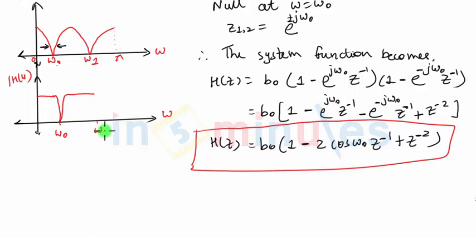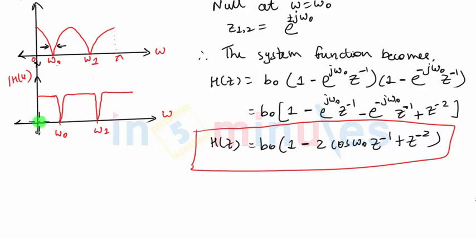And if you want one more null at omega 1, it goes down at omega 1 and comes back immediately, so that the bandwidth of the notch is very small. If I want this type of spectrum, it will ensure that only omega naught is eliminated and the adjacent frequencies are not greatly attenuated.